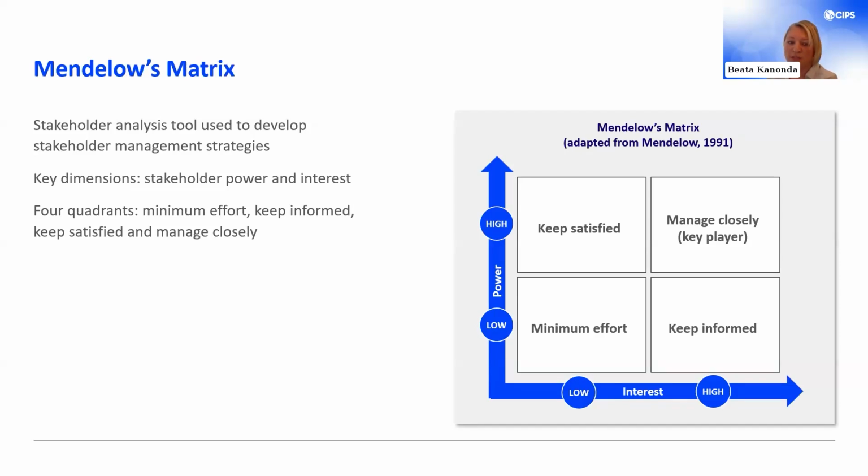And manage closely, key stakeholders who are highly involved and can significantly influence success of the decision. So using Mendelow's matrix effectively will enable you to adapt your stakeholder management strategies accordingly, increasing your chances of successful strategy or change implementation. Can I have the next slide, please?